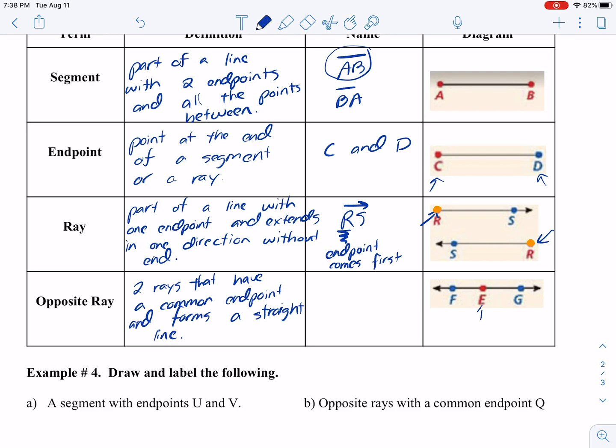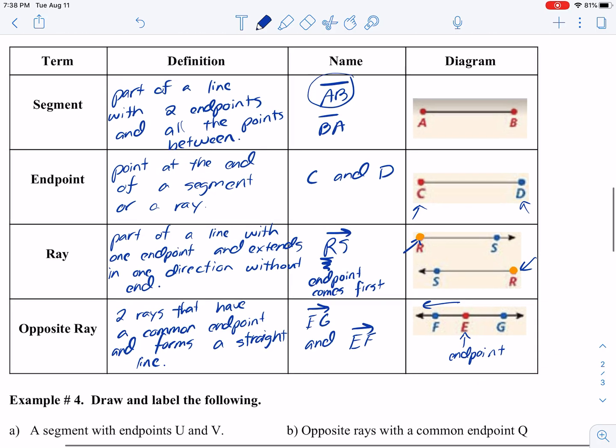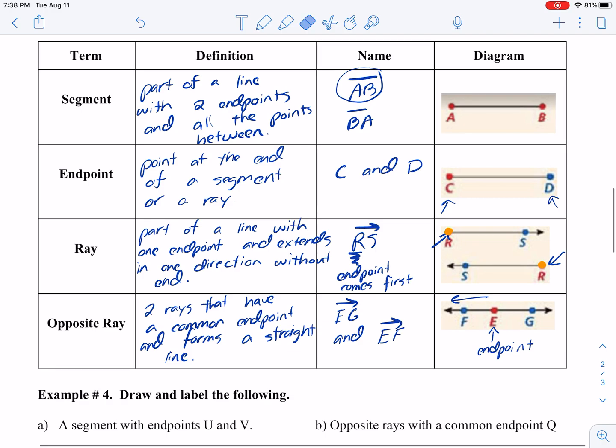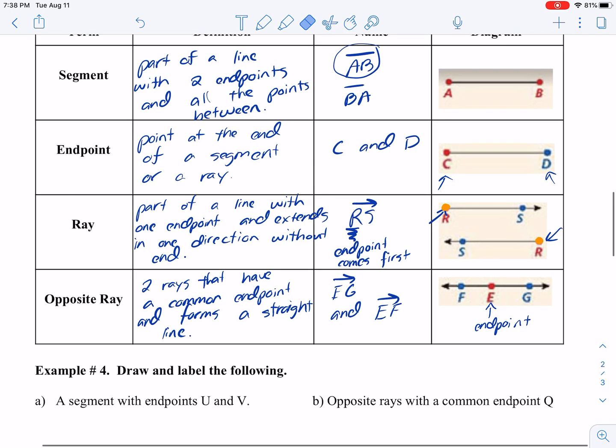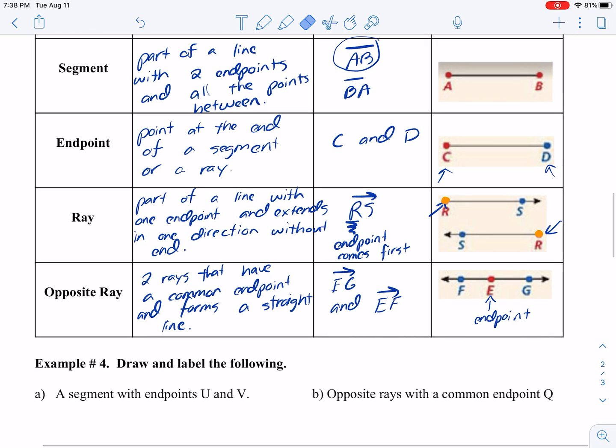So the common endpoint here would be E. So the pair of opposite rays would be EG and EF. And we're always going to have the arrow going to the right. I know we have the arrow going to the left in this diagram. That's okay. When we're naming rays, we'll always have the symbol above going to the right.